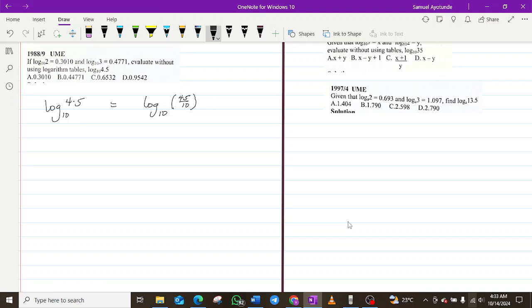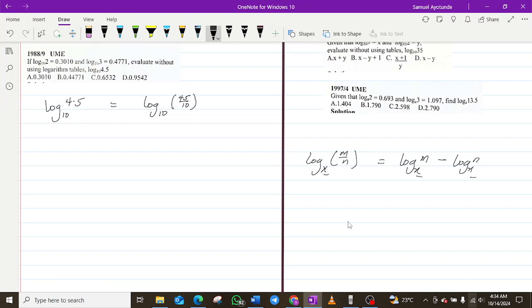Now from here, we can apply the second law, the law that has to do with division, which says if we have log base x of m over n, it can be expressed as log m base x minus log n base x. As far as the bases are the same, division turns to subtraction.